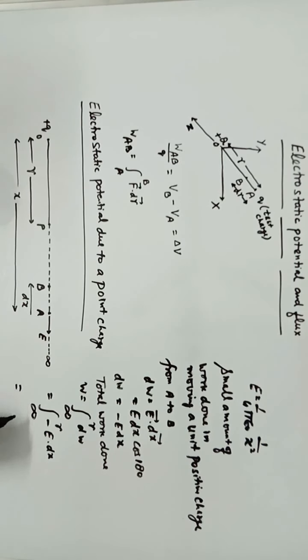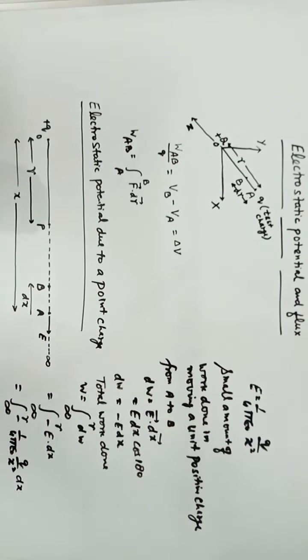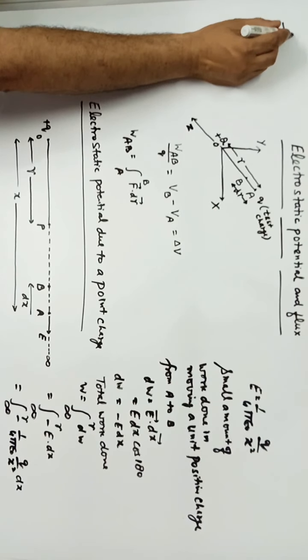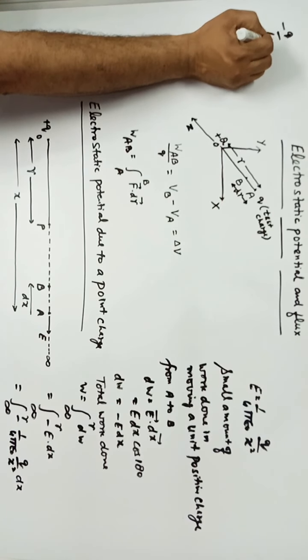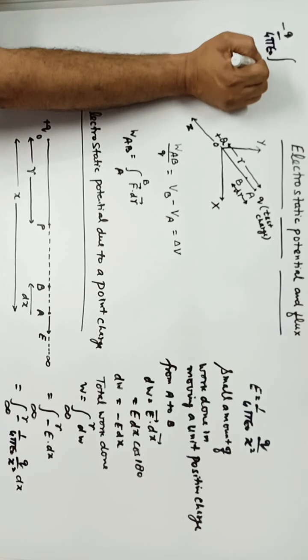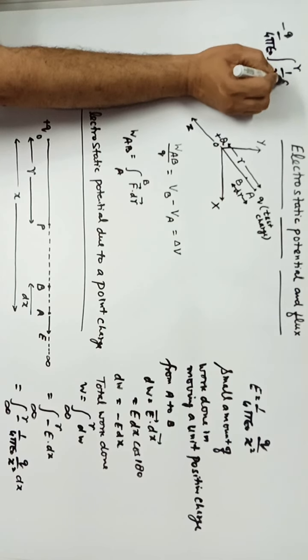We write the value of E, 1 upon 4 pi epsilon naught, q by x square, dx. So we write minus q upon 4 pi epsilon naught, integral from infinity to r, 1 upon x square dx.